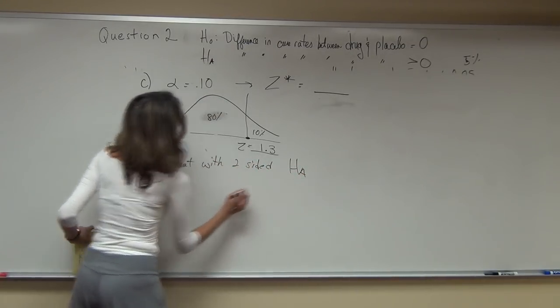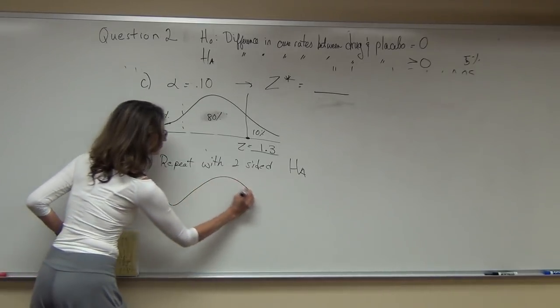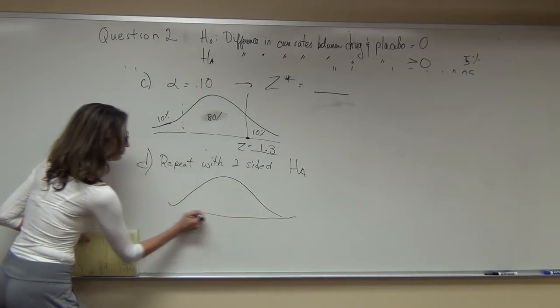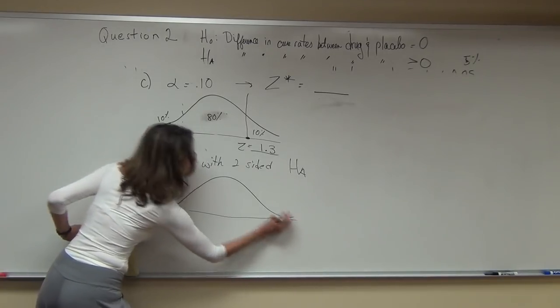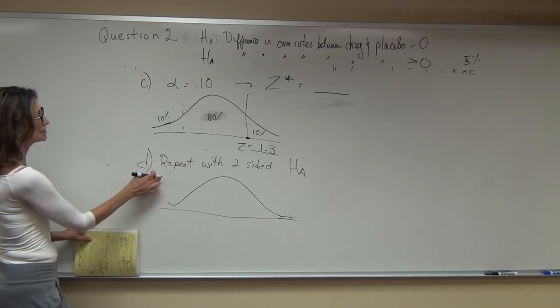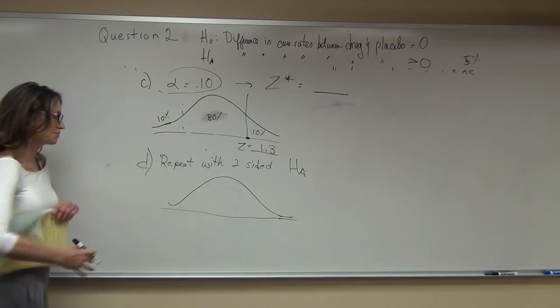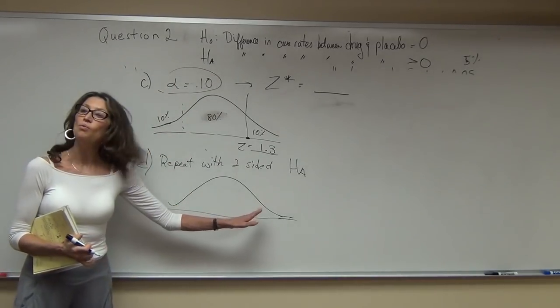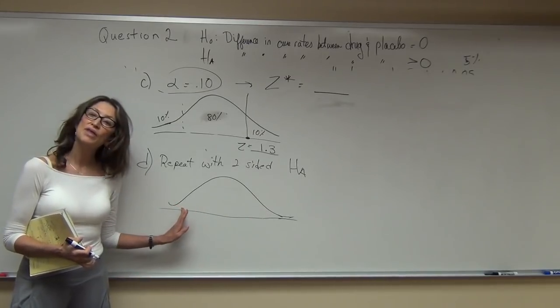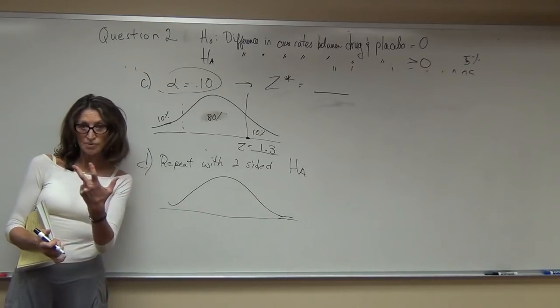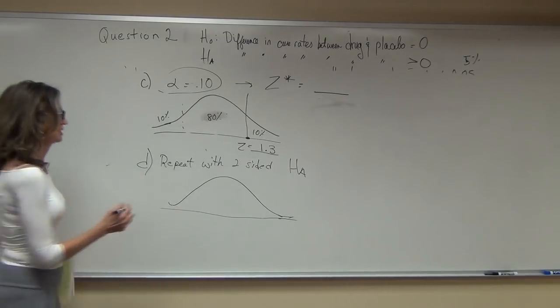Now we're in the situation where we want to figure out where the null cutoff is if we're willing to accept a 10% error, but we want to say it could be on this side or that side. So 10% divided between the two tails.